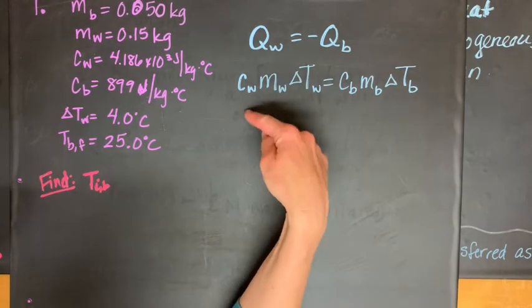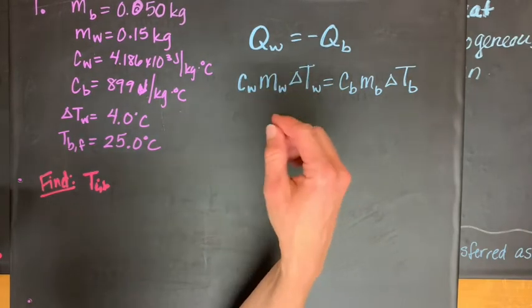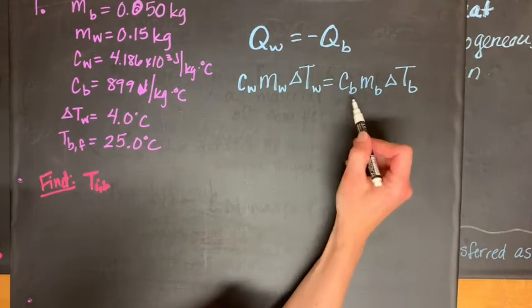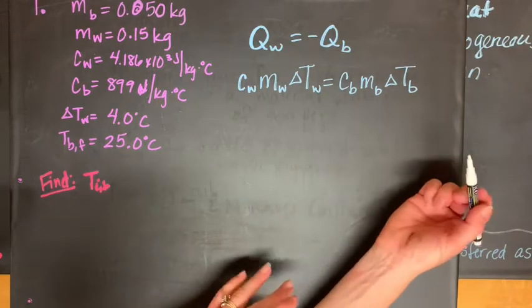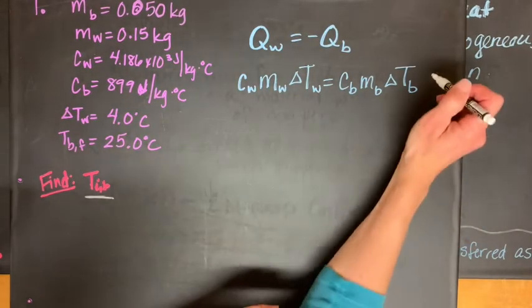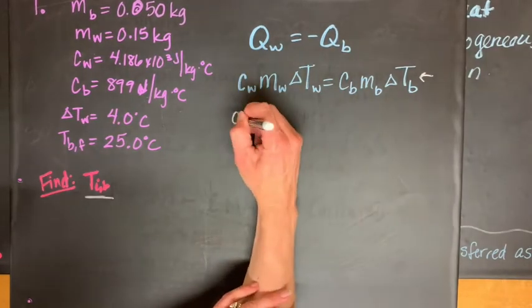So my heat is equal to the specific heat of my water times the mass of the water times my change in temperature of my water, which is equal to the specific heat of my bolt times the mass of my bolt times my change in temperature of my bolt. Now I'm looking for my initial temperature, so I need to change this into T final minus T initial.